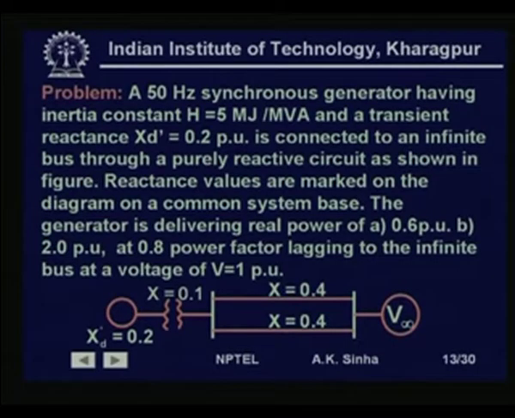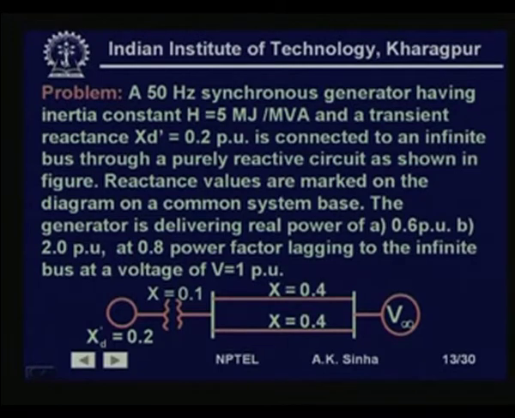Now, let us try to see this through some example. So, we take a very simple example. We have a 50 hertz synchronous generator having inertia constant H equal to 5 megajoules per MVA, and a transient reactance X d dash equal to 0.2 per unit.